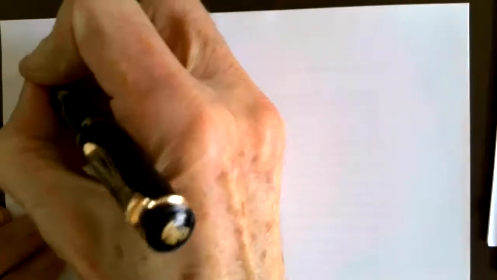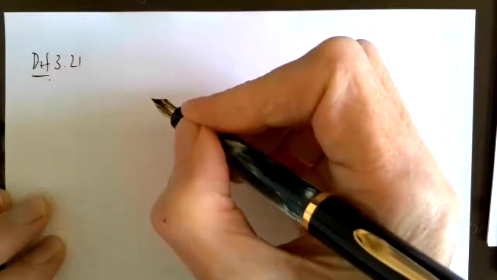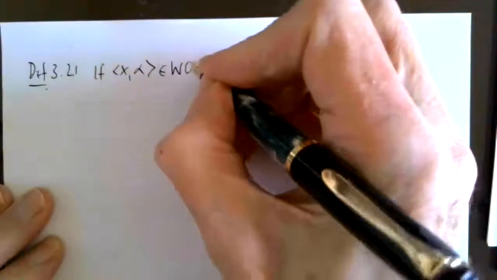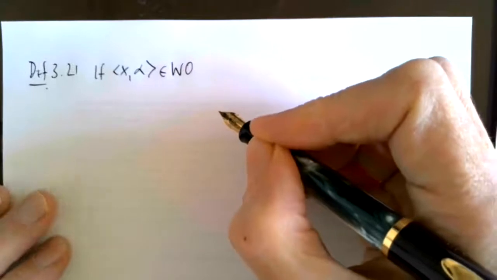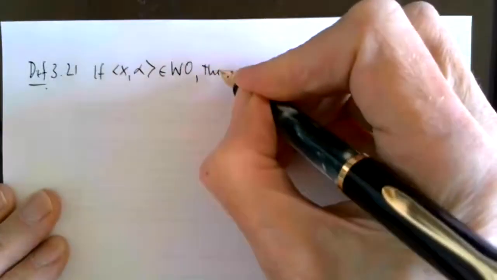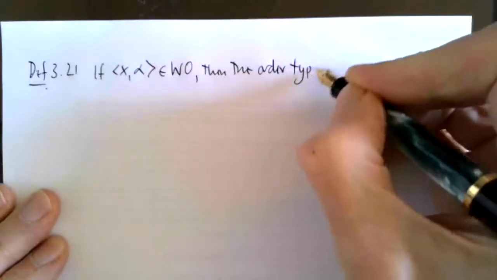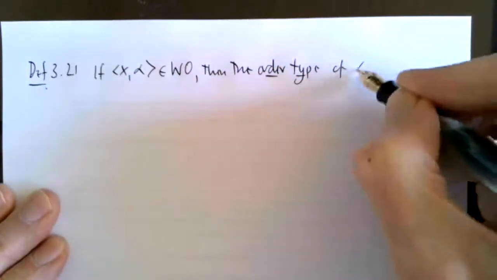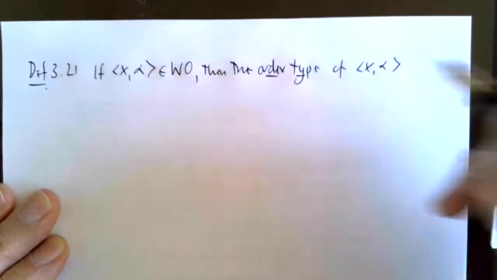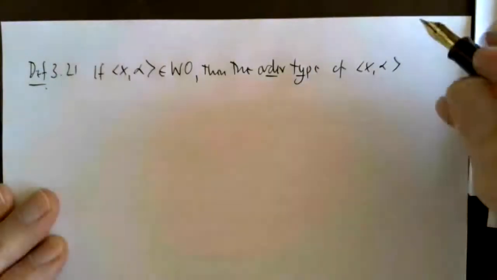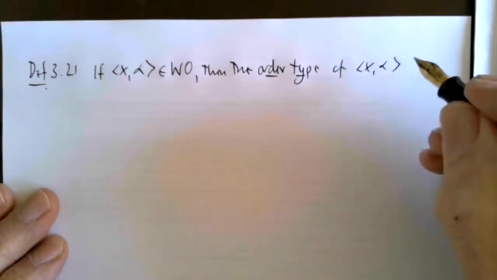So 321. This is essentially notation. If I've got a well order, and I'll just write that as a member of WO as an abbreviation, then the order type of X with its curly less than is the unique ordinal that it's isomorphic to.